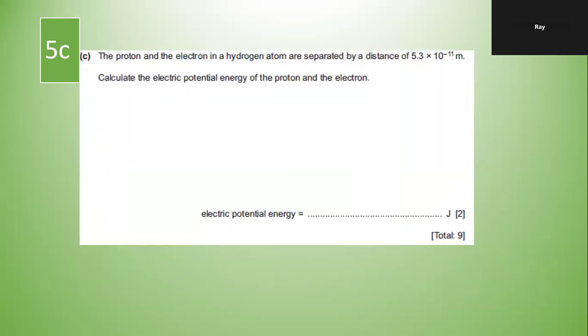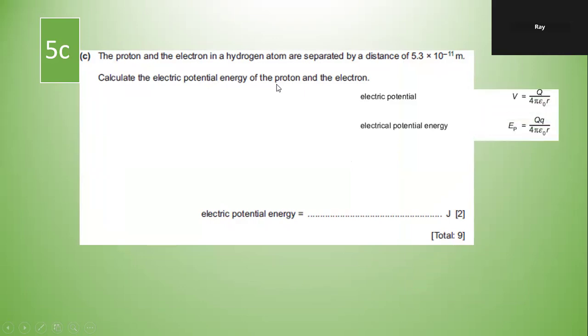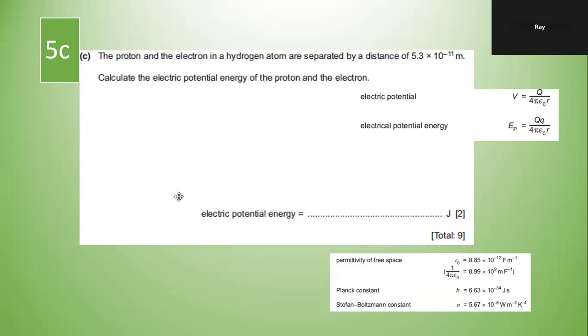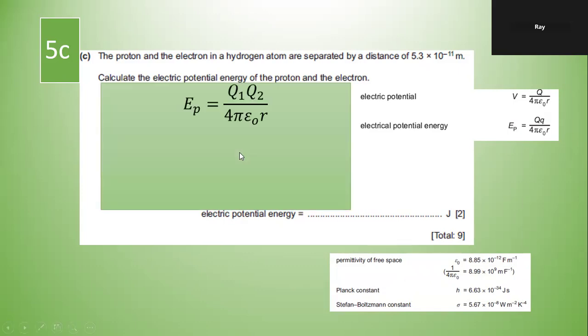A proton and electron in a hydrogen atom are separated by a distance of 5.3 times 10 to the power minus 11 meter. Calculate the electric potential energy of the proton and the electron, given in the equation in the formula sheet. This is in your data sheet, with Q1, Q2.